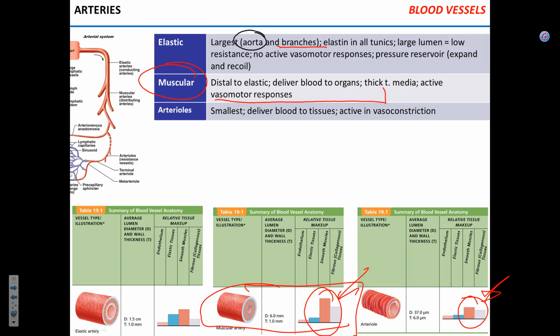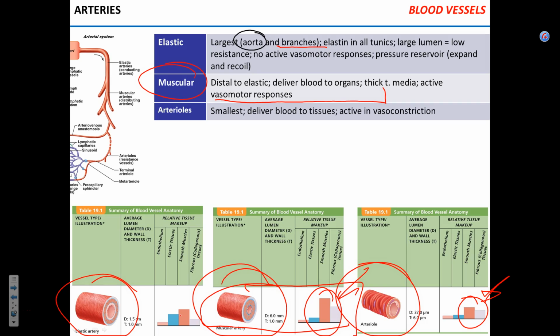So the big functional difference is that all these blood vessels have pretty fast blood flow. Okay, they all, except for elastic arteries, muscular arteries and arterioles can constrict and dilate. There's virtually no exchange of anything across the wall. One of the reasons for that, the blood flow is extremely fast. Try to jump out of a fast running train. I mean, you're not going to do that, right?